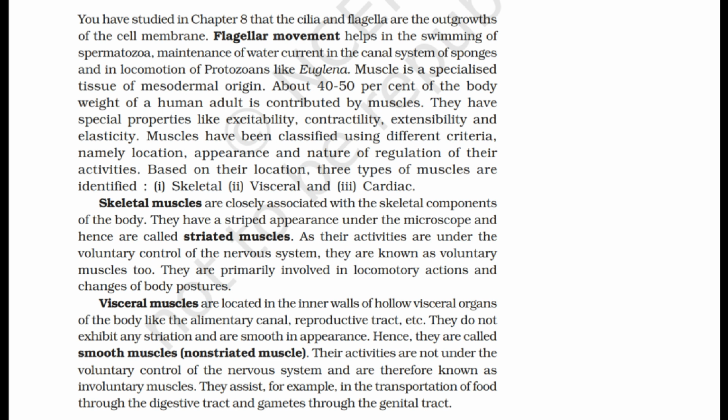Skeletal muscles are closely associated with the skeletal components of the body. They have a striped appearance under the microscope and hence are called striated muscles. As their activities are under the voluntary control of the nervous system, they are known as voluntary muscles too. They are primarily involved in locomotory actions and changes of body postures.